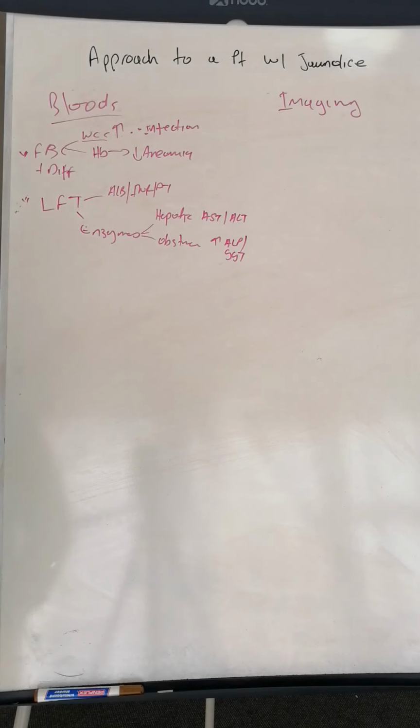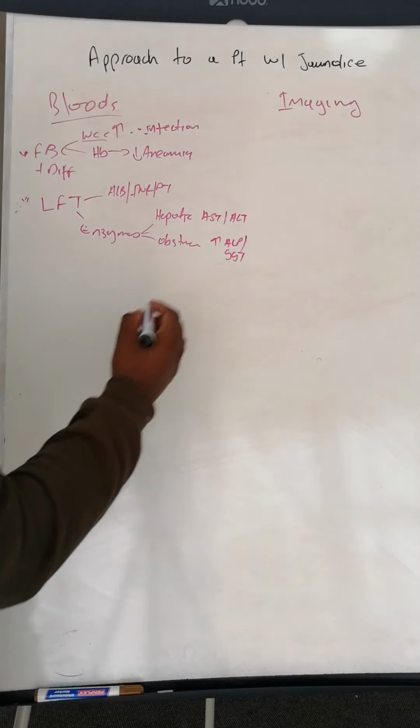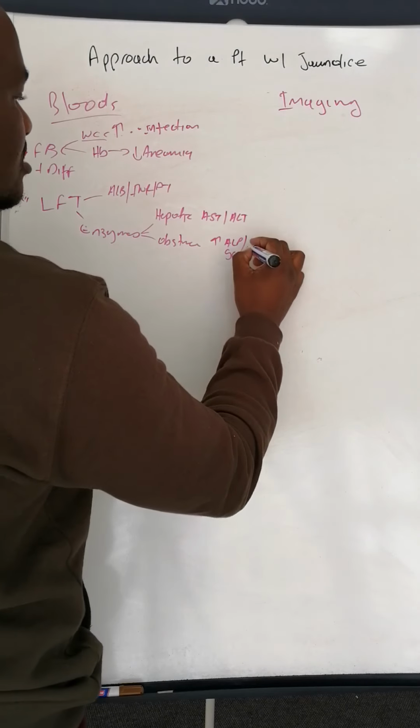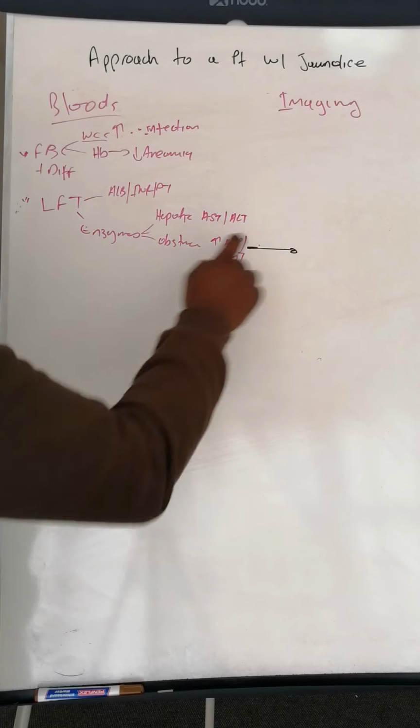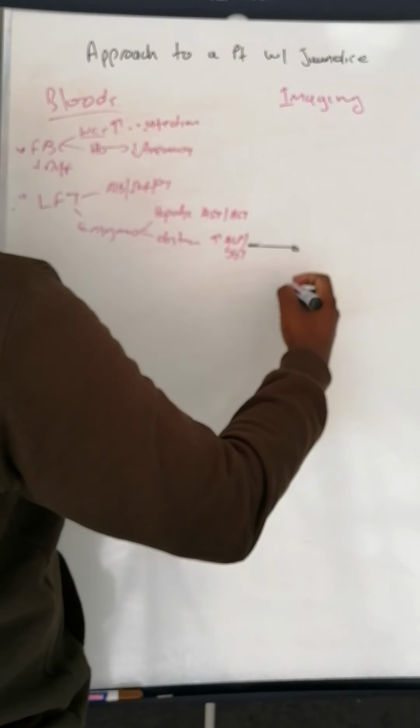Then you can decide, okay, I've got a patient with jaundice and my patient has got obstruction. This will push you to the imaging.